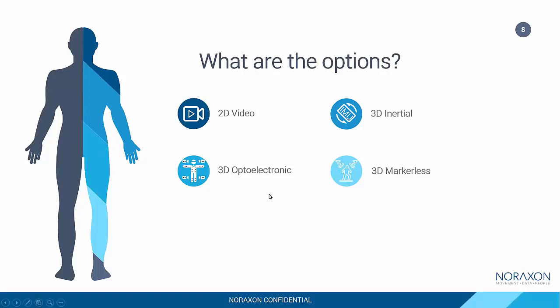Now, of course, this brings me to our, again, quote unquote, gold standard, the three-dimensional optoelectronic systems. These are systems that have been utilized for decades and validated among several research articles.